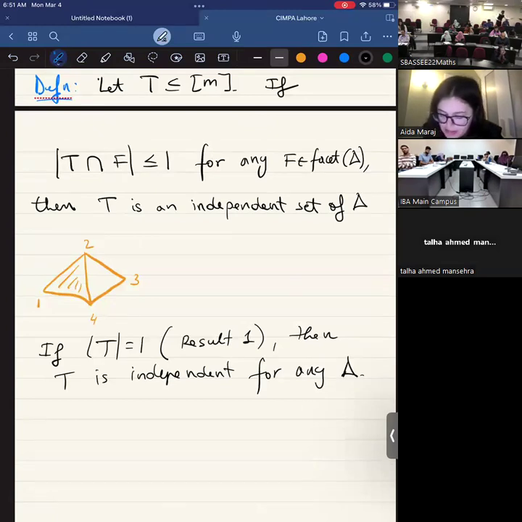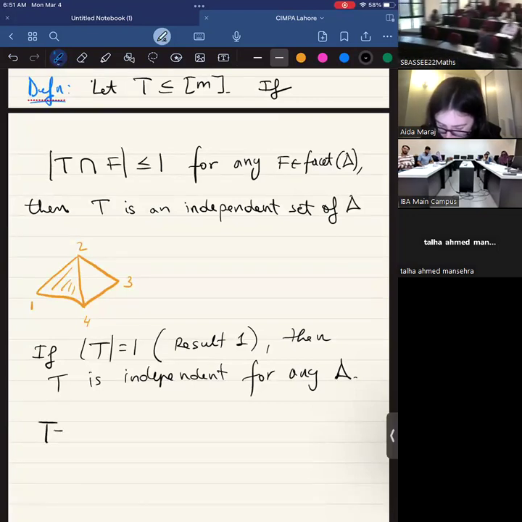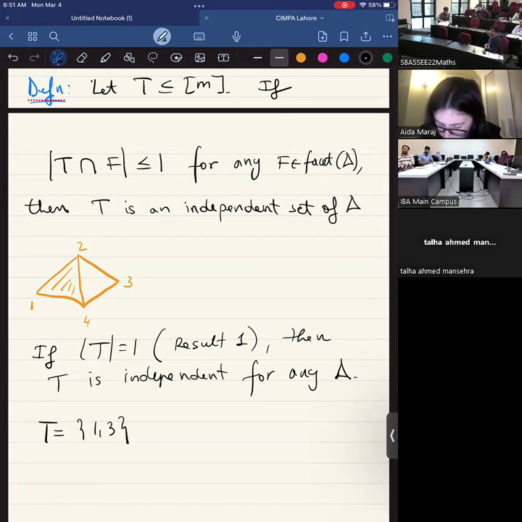Now, in this case, can anyone suggest what subsets T of 1 through 4 are independent for this delta? 1, 3, yes. Very good, so T equal to 1, 3 works well.